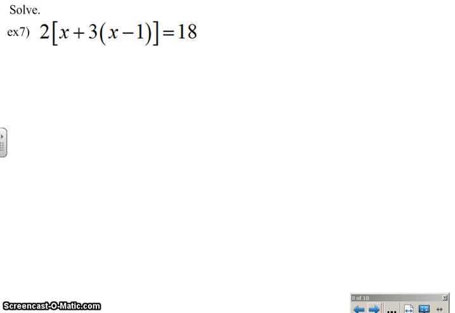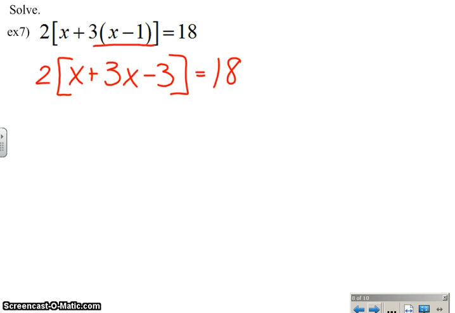Okay, last one that I want to walk through with you is a combination of grouping symbols. We're going to always remember to work inside out. So my innermost parentheses are showing a distributive property here. So I'm going to start there by multiplying both of those by the 3. And now I'm going to take everything in the square brackets and multiply it by a 2.